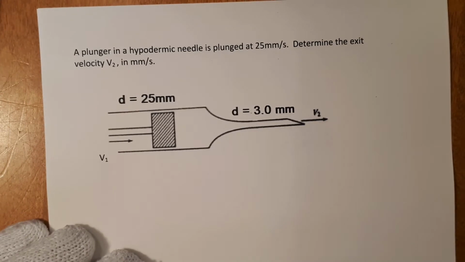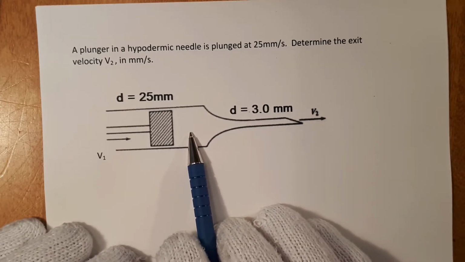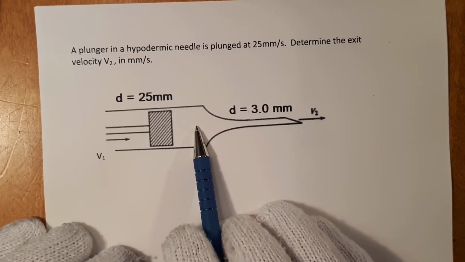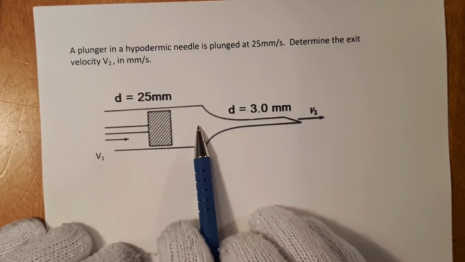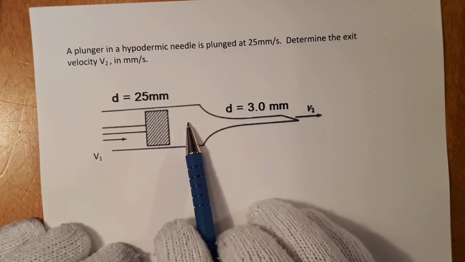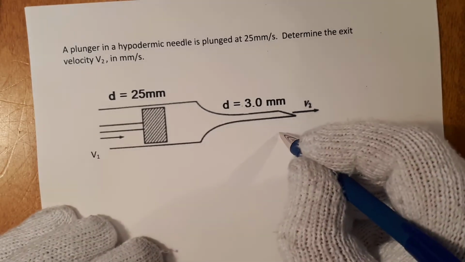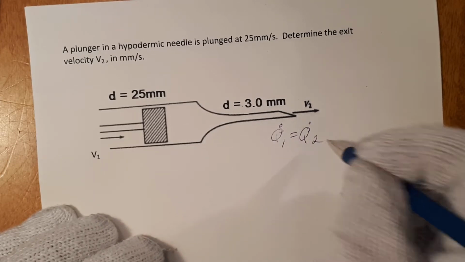Here we already have a volume of fluid within the hypodermic needle, and if we're going to plunge this forward, then all of this volume has to be exiting at this end here. So the volume flow rate in, even though it's already present here, has to equal the volume flow rate out. Volume flow rate 1 must equal volume flow rate 2.